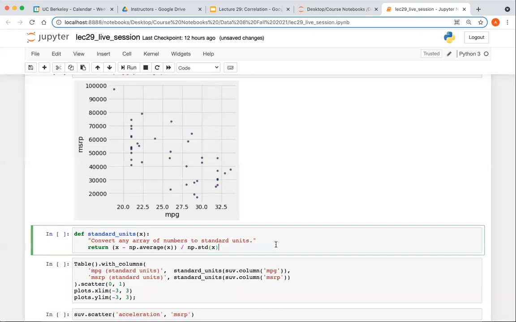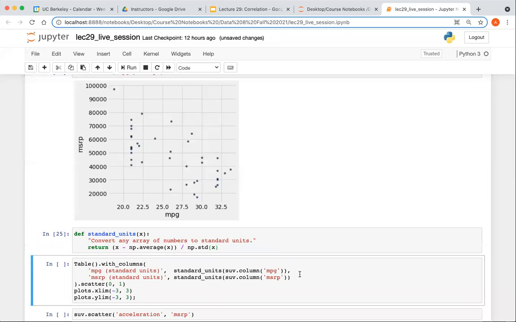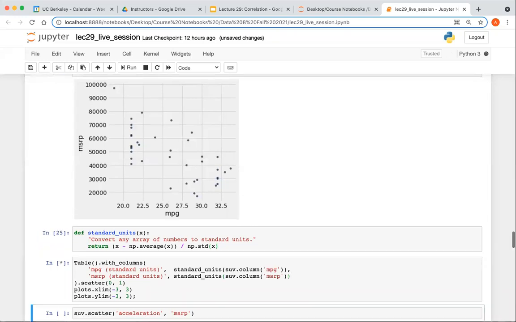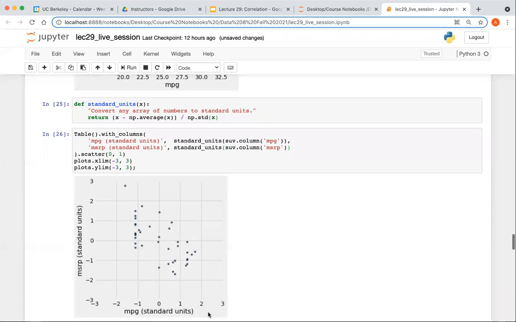This resulting array has what mean? When you have the entire list in standard units, the mean is 0. What's the SD? Very good. SD is 1. Terrific. And so now I'm going to draw the same picture. This is miles per gallon in standard units and price in standard units.